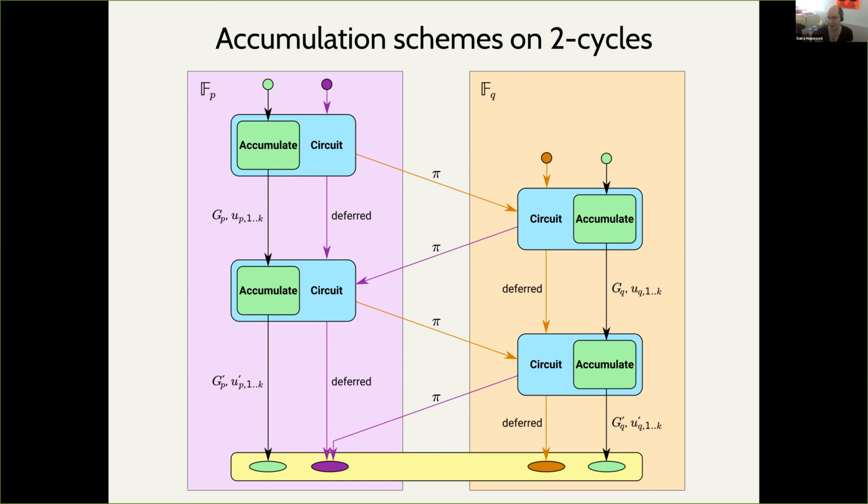And then at the end, we end up with two accumulators that we need to check, two of these deferred values, and then the final proof.